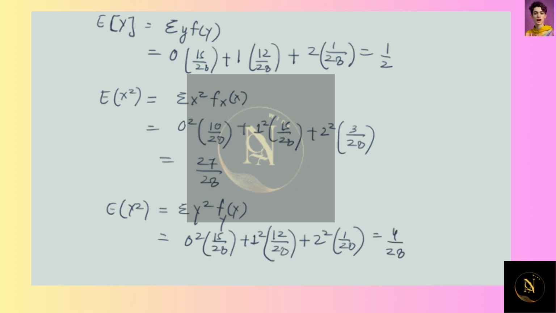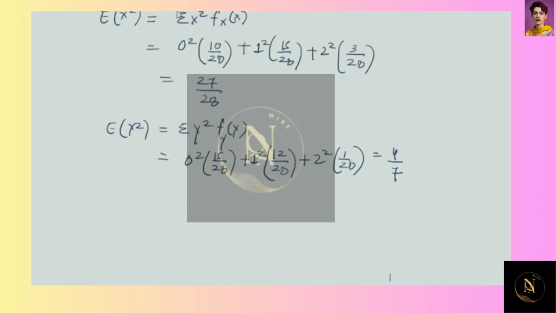Okay, sorry, 4 by 7. Now let us find the variance of x.